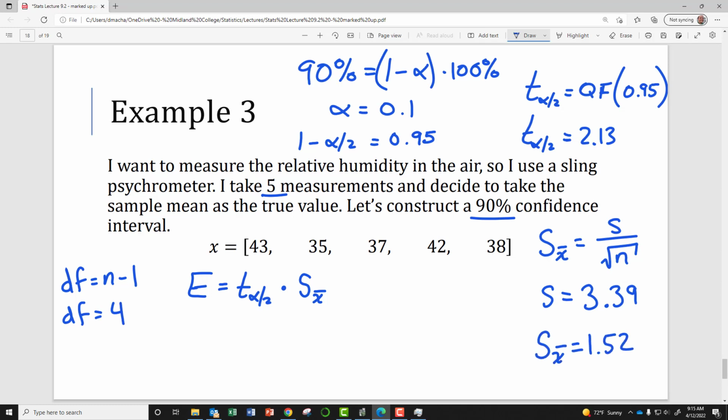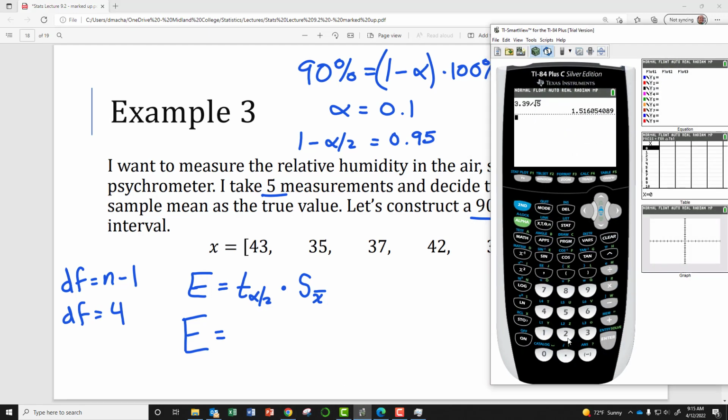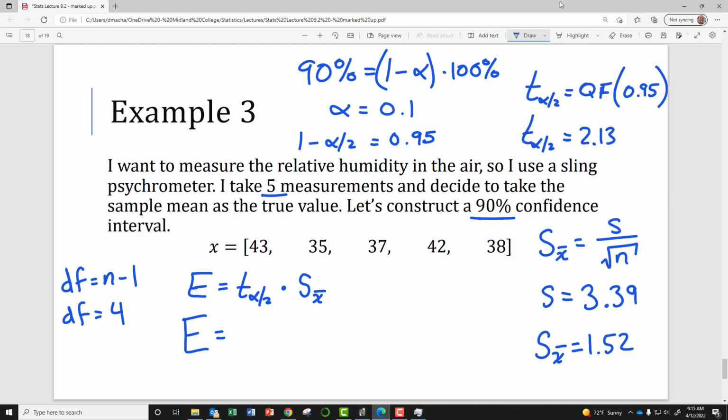So that means my margin of error here for my confidence interval is going to be 2.13 times 1.52. So that margin of error will be 3.24. Well, let's call it 3.2.